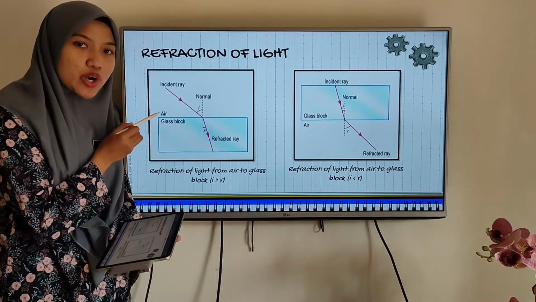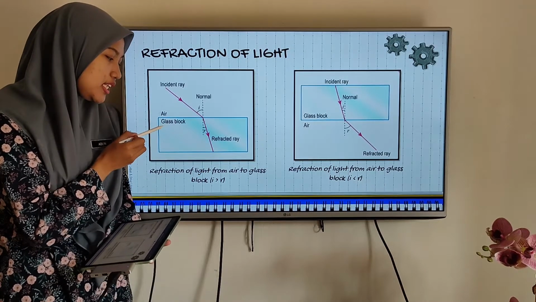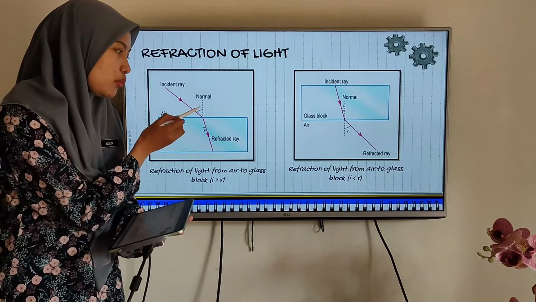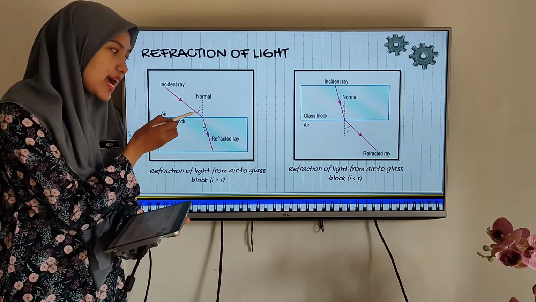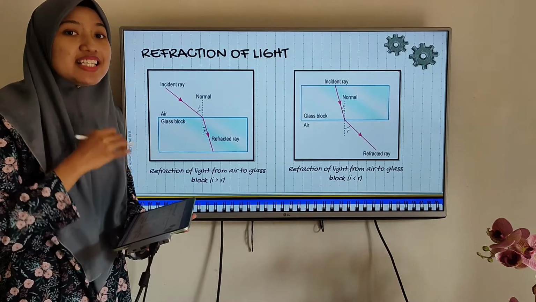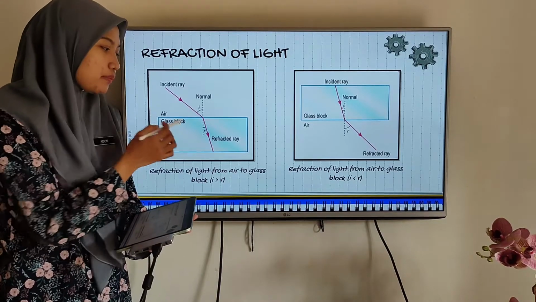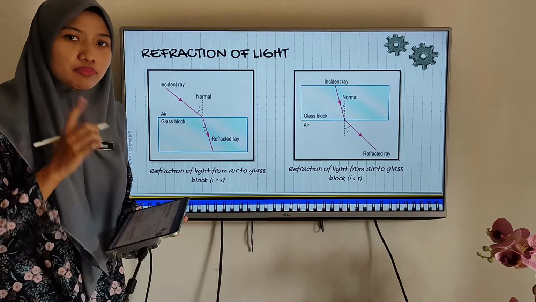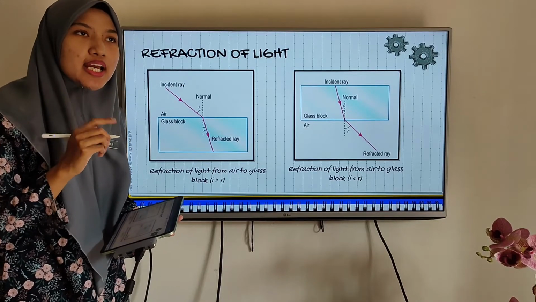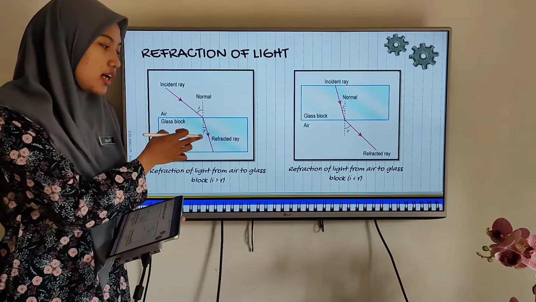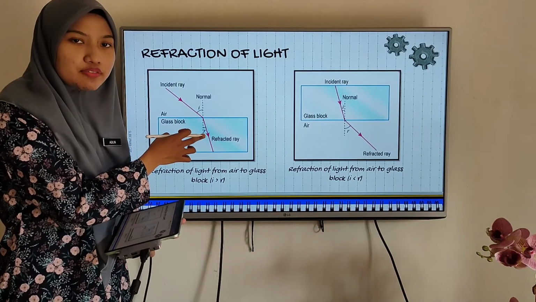This is medium 1, which is air, and medium 2, which is a block. Alright. So what is i? What is r? i is the angle of the incident ray, and r is the angle of the refracted ray. You have to remember that the one we are looking for is the angle of the refracted ray.